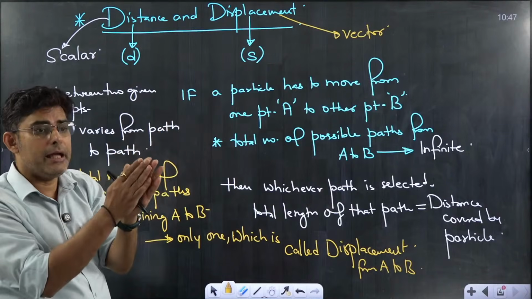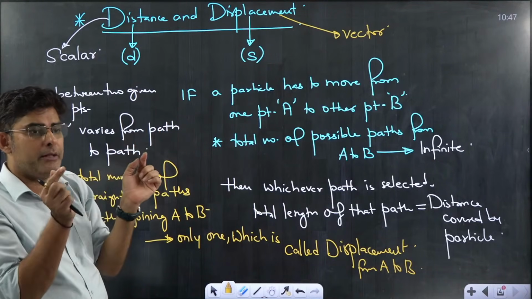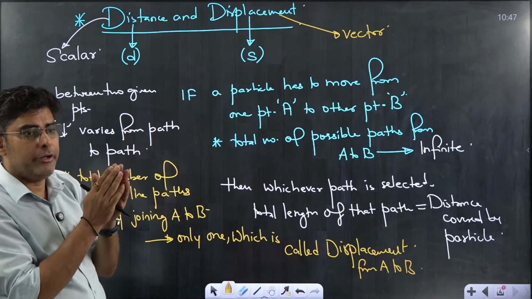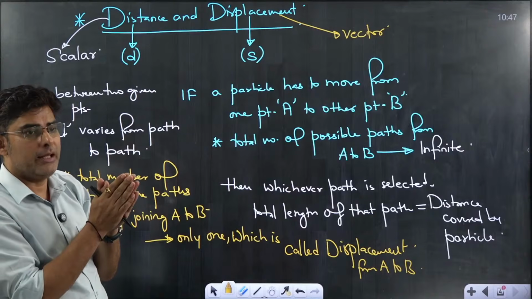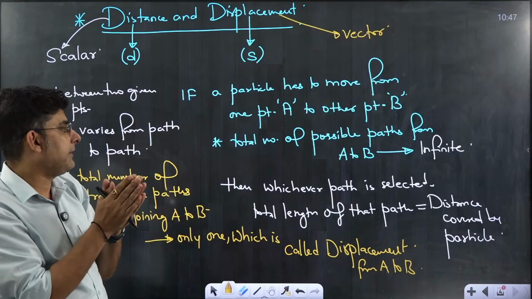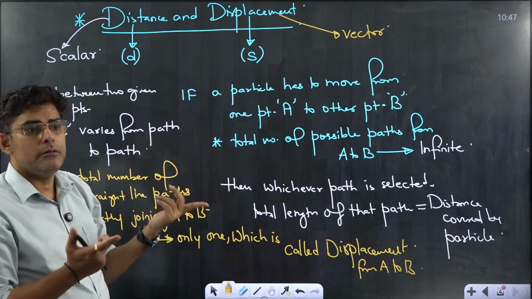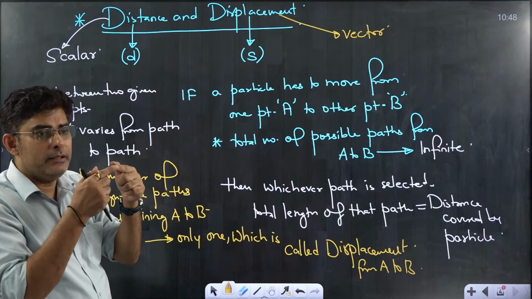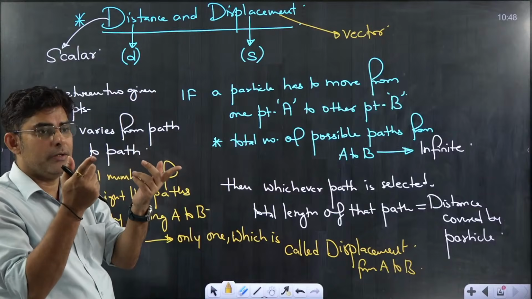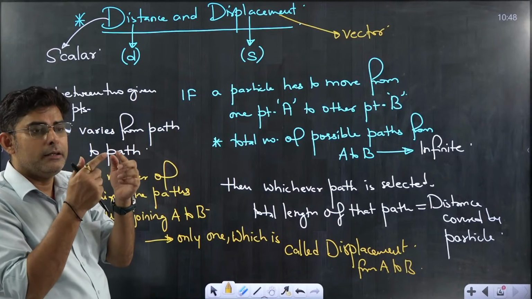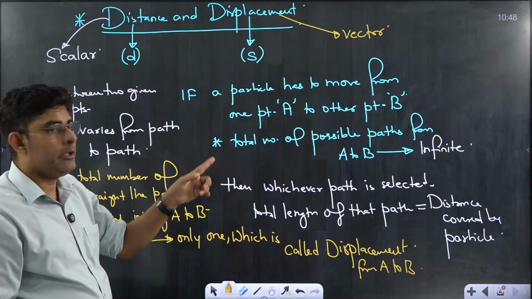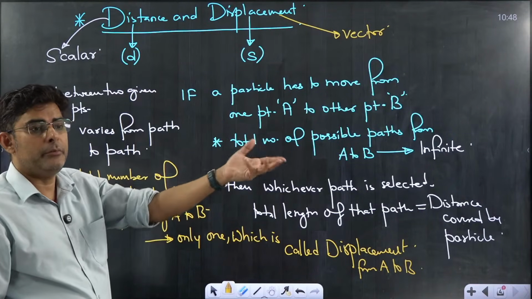if A and B are the same points, if A and B coincide, what will happen? I will say that there will be no displacement. Why? Because if A and B coincide, the shortest distance, the straight line, will become 0.